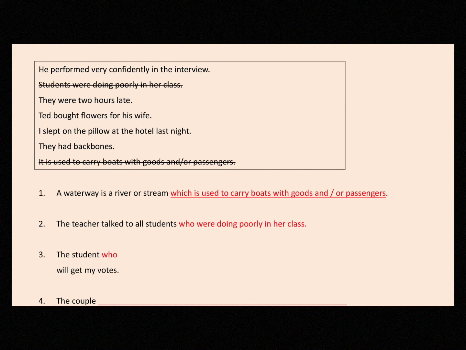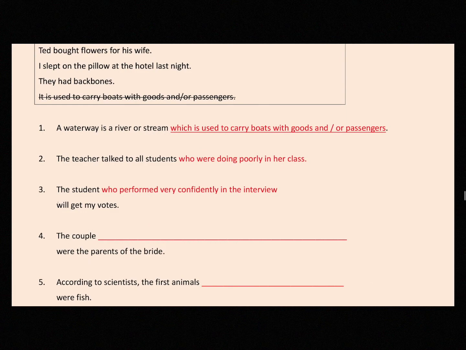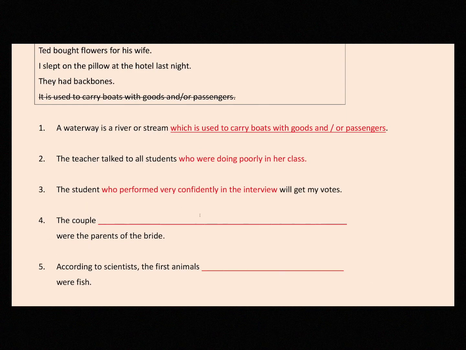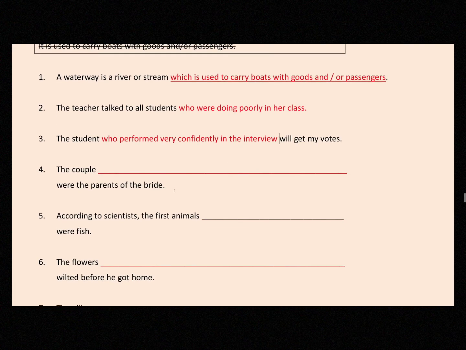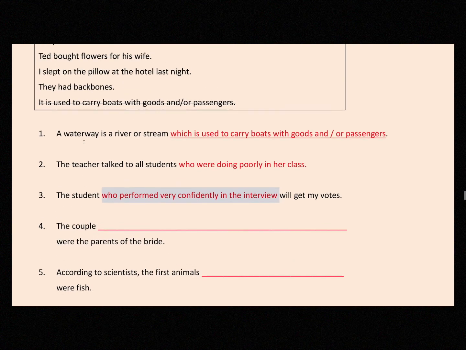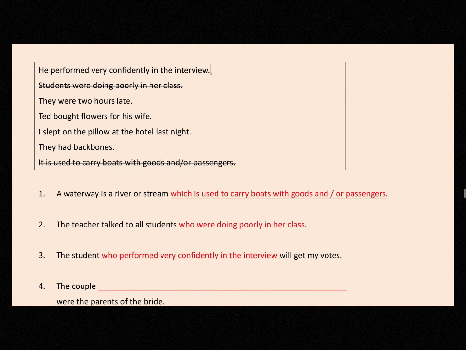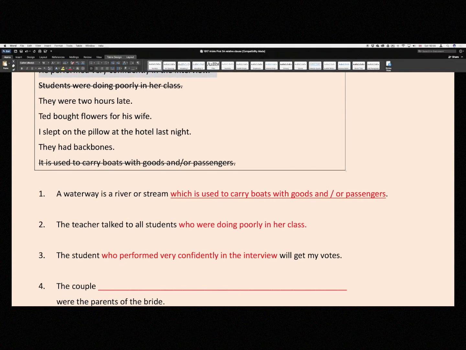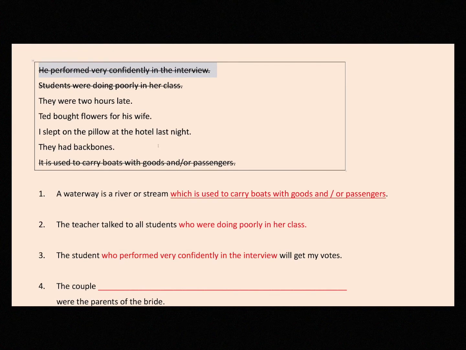Then we say the student who performed very confidently in the interview will get my votes. Now we've made a relative clause talking about the student, using who because student is a person. As this is also used, let's cross out its answer.